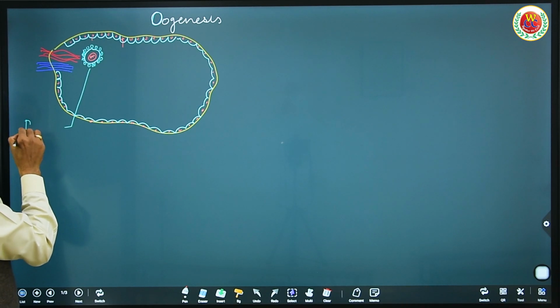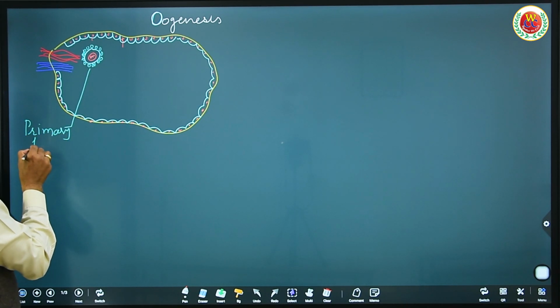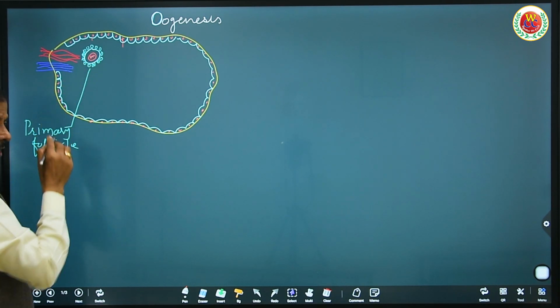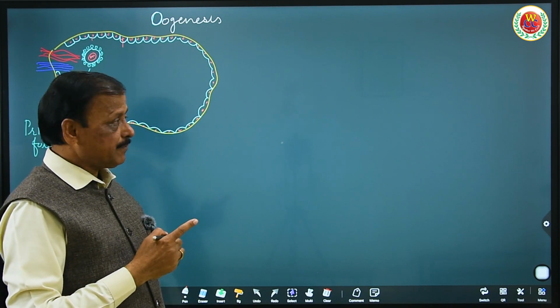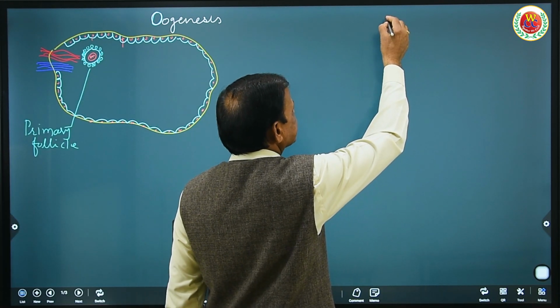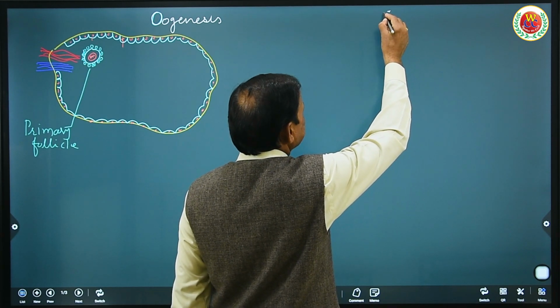Now these primary follicles are arrested in prophase. First meiosis begins, but is arrested in prophase. To have a better understanding, we can have a simultaneous explanation of this process of oogenesis.